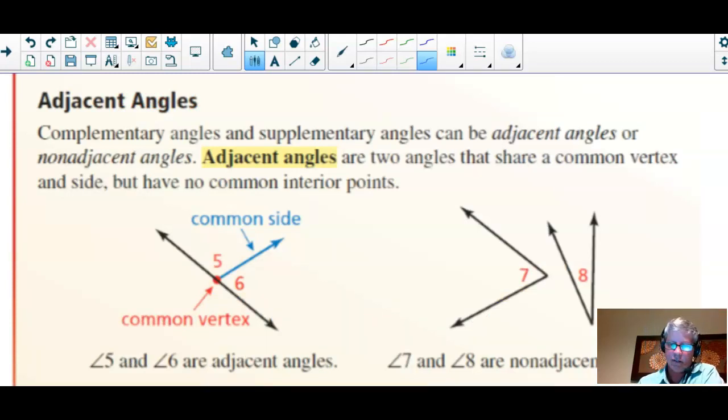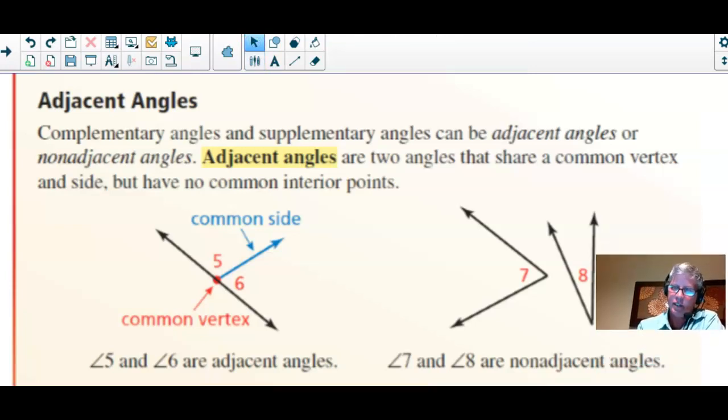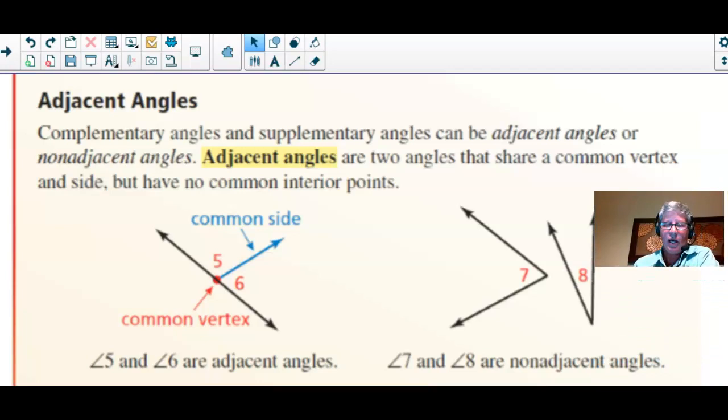All right, adjacent angles. Awesome. Let's move this out of the way a little bit. Adjacent angles are angles that share a side. And what that means is when we have two angles, they have this common side.